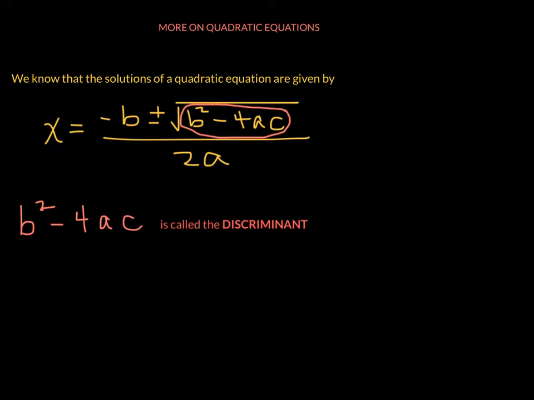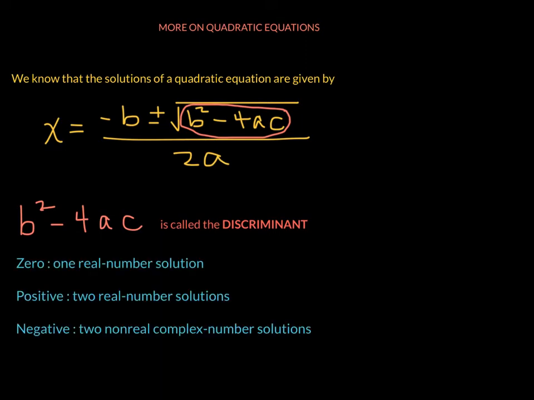Basically, the discriminant will tell you the nature of your solutions, whether they are real number solutions or non-real solutions, meaning complex or imaginary.